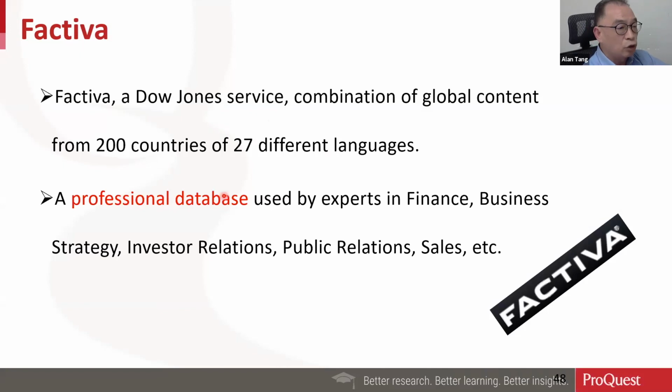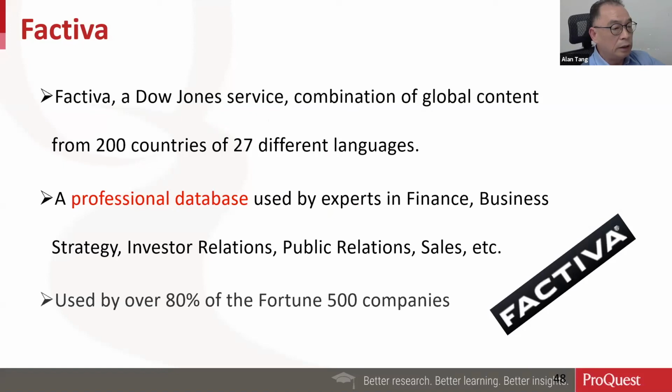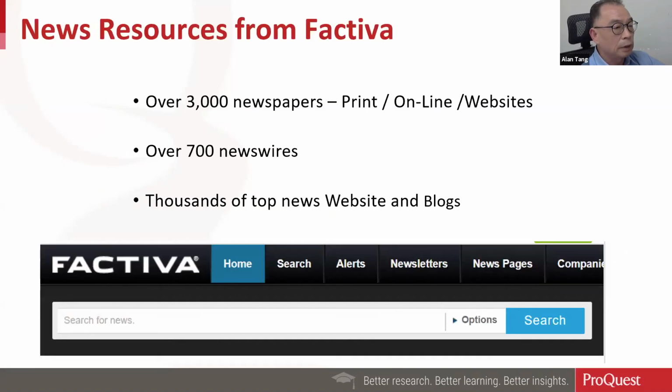It's a professional database used by experts in finance, business strategy, investor relations, public relations, etc. It is also used by 80% of the Fortune 500 companies. And it covers thousands of newspapers, hundreds of newswires, and thousands of websites and blogs, okay?